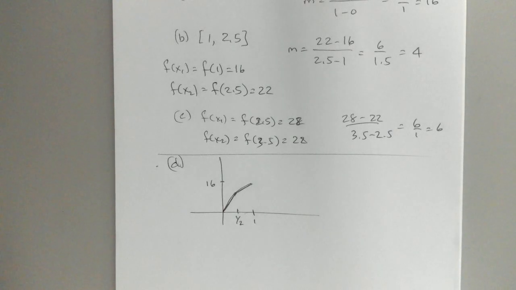Then the answer is D. Right, because we're looking at the two domains, so we add them up and divide by 2. It's looking for the instantaneous, the average.